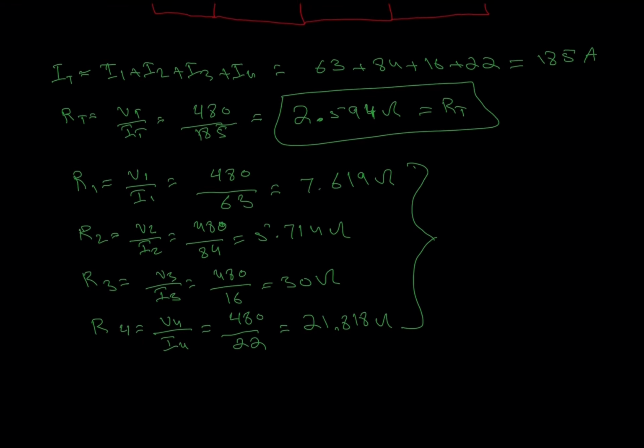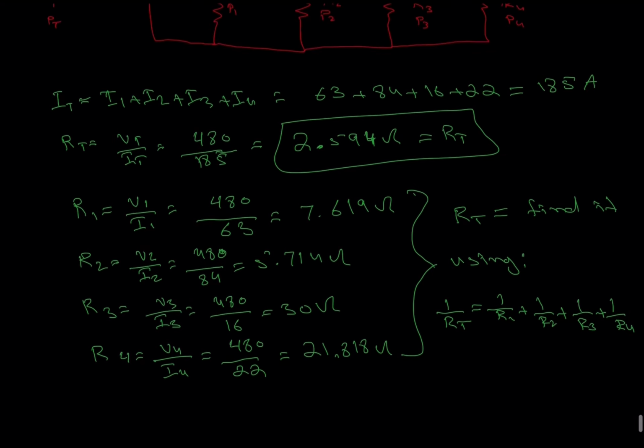To find the total resistance, that will be for you guys again, find RT using one over RT equal to 1 over R1 plus 1 over R2 plus 1 over R3 plus 1 over R4.